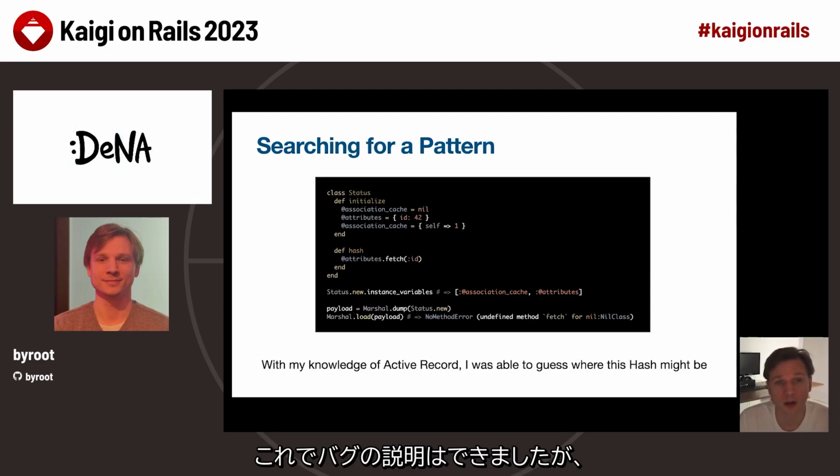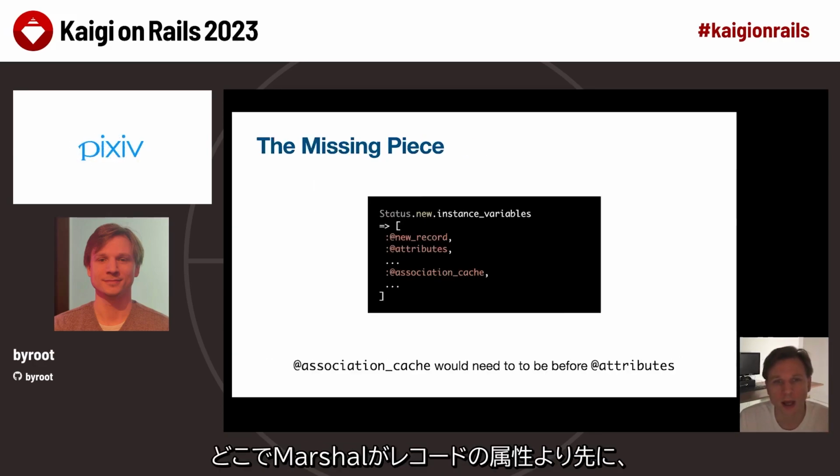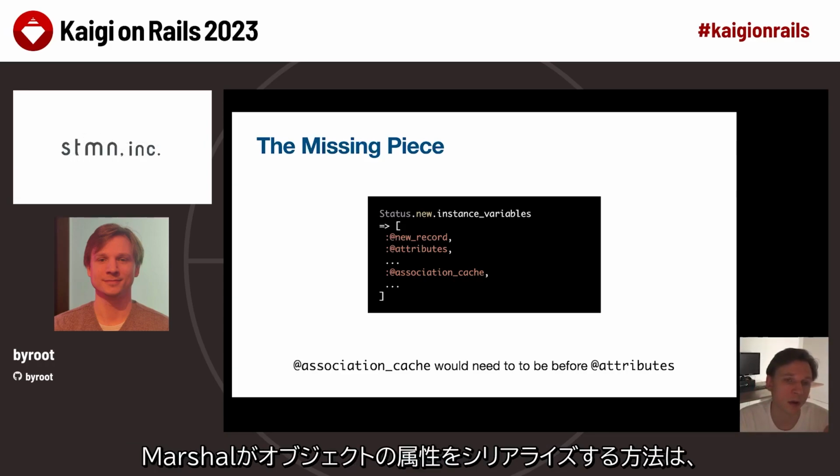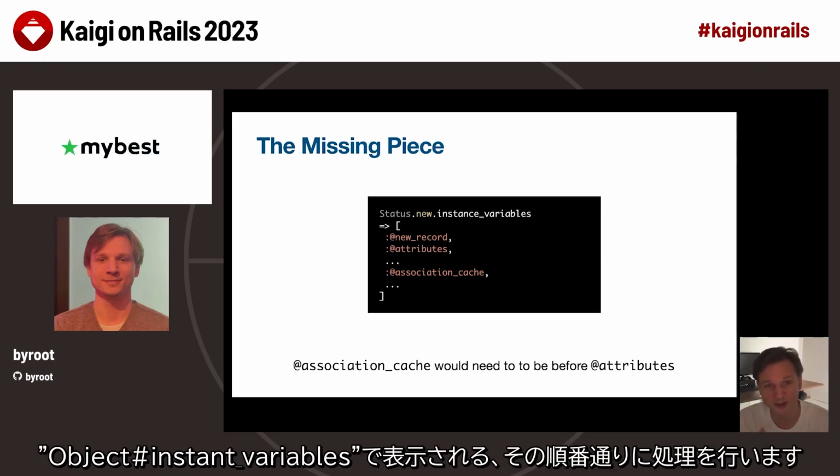So this would explain it, but for this bug to reproduce, we would need to be in a case where Marshal loads the association cache before the attributes of the record. And the way Marshal serializes the attributes of an object is that it simply respects the order you see when you query the instance variables of an object with instance_variables.